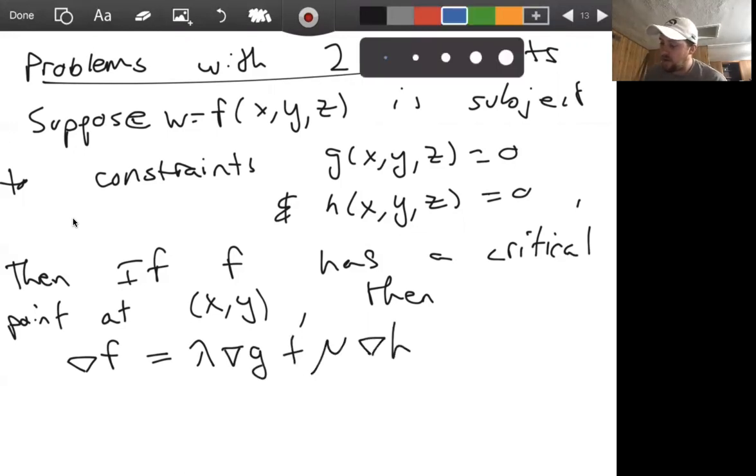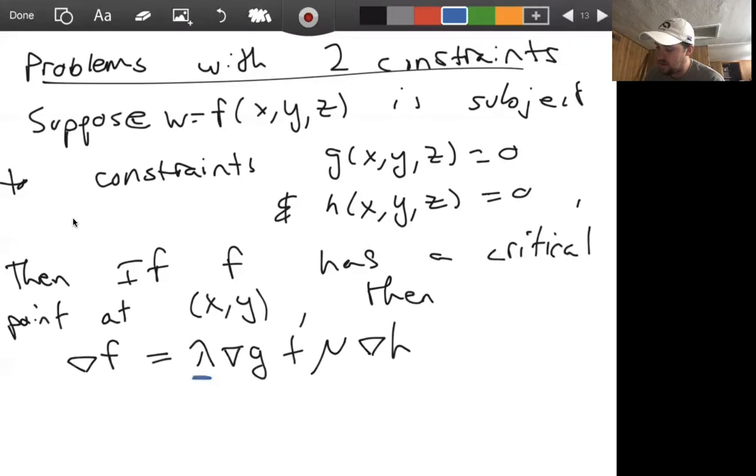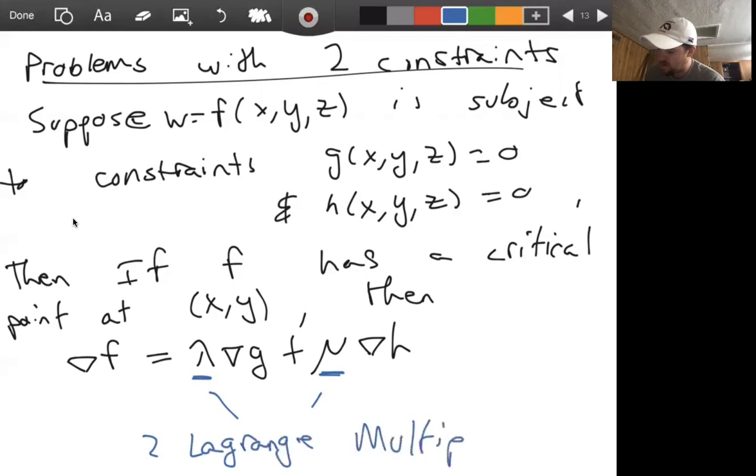And so now there are two Lagrange multipliers. Okay, and so this serves to make the algebra a lot more difficult when you introduce a new constraint, because there's much more restriction on your possible solutions.